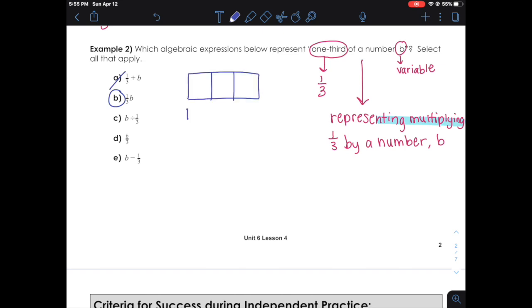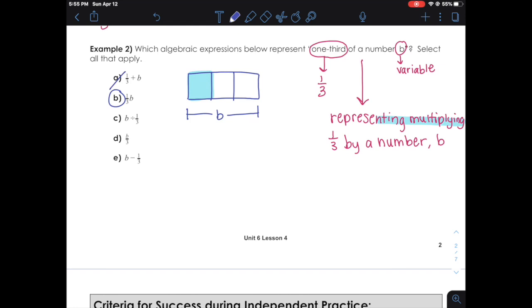So I'm taking b and I'm multiplying it by 1/3. In other words, I'm dividing b up into 3 equal sections. And the answer will be the value inside this one box that I just highlighted, because it's 1/3 of the diagram.